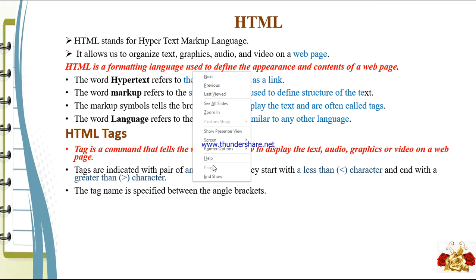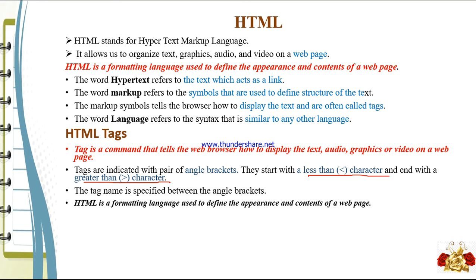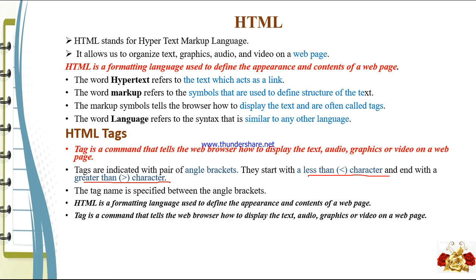That is the less than symbol, the open angle bracket, and the greater than symbol, the closed angle bracket. The tag name is specified between the angle brackets. So HTML is a formatting language which defines the appearance and content of the web page, as you already know. A tag is a command that tells the web browser how to display the text, audio, graphics and video.